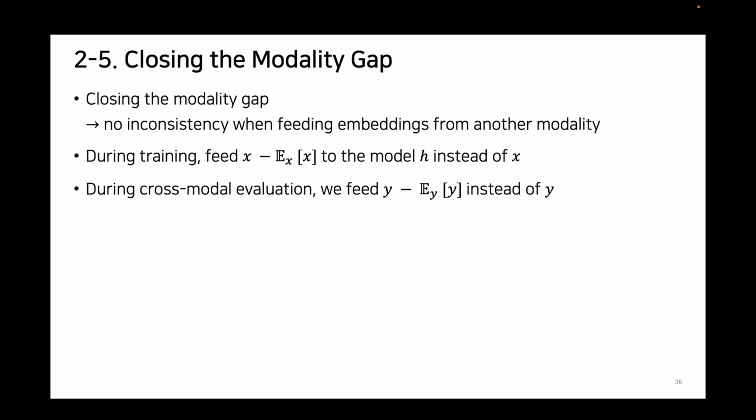There must be some equation related to this x and y. The G is defined by x minus y. So when we use x minus expectation x instead of x, and y minus expectation y instead of y, then it will be so.